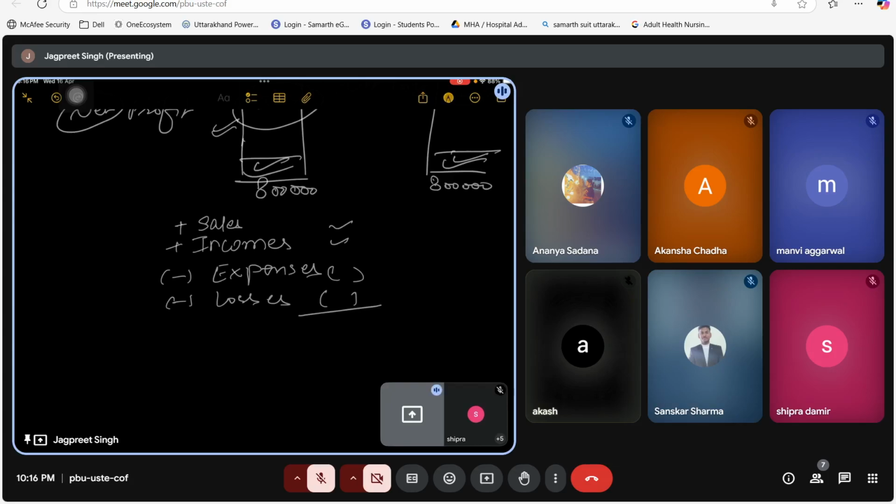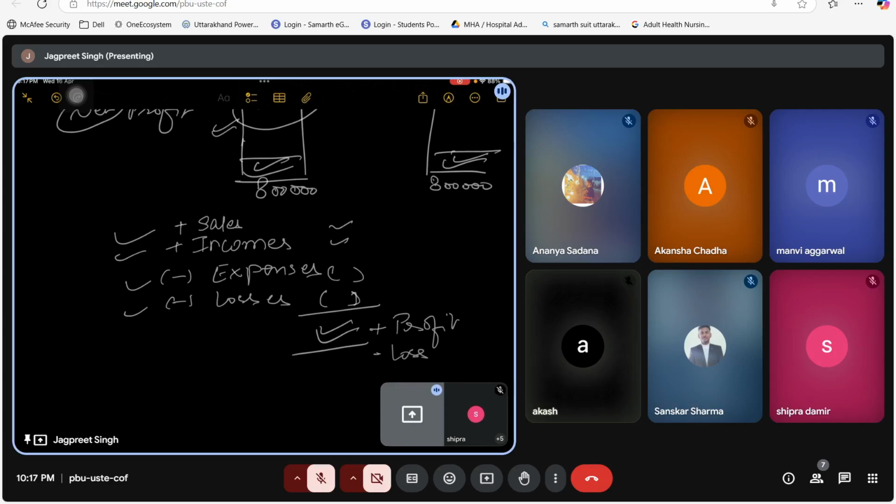This bracket means something is deducted. In accounting, we use brackets for negative values. So sales and incomes are added and expenses and losses are deducted. If the amount is positive, it will be called a profit. And if it is a negative amount, it will be called a loss.